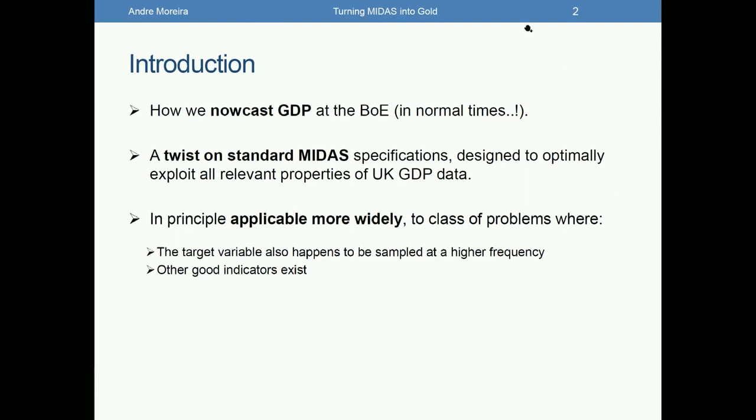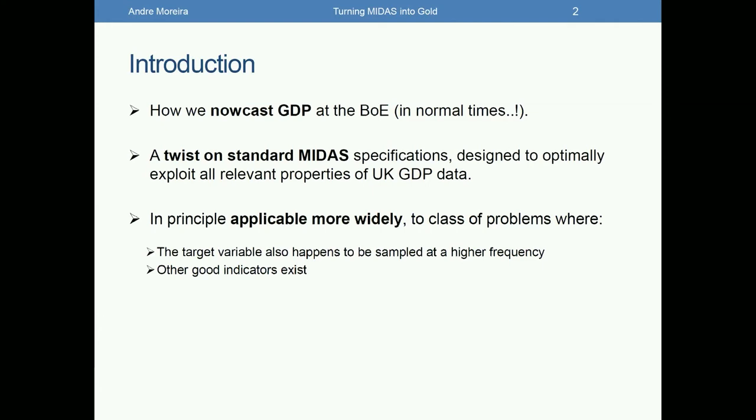And I think it's also interesting in the sense that it's a bit of a twist on the standard MIDAS approaches, and it's one that's very much geared towards exploiting what we know about various relevant bits of data that we use for nowcasting UK GDP. In addition, it's a framework that in principle is applicable to a much wider set of variables, as long as you've got two things going on.